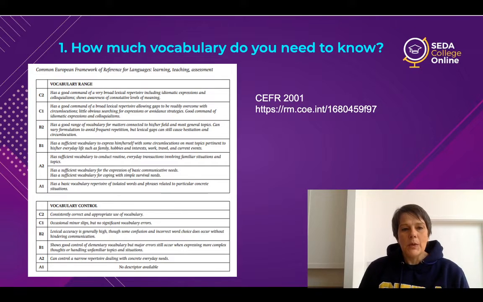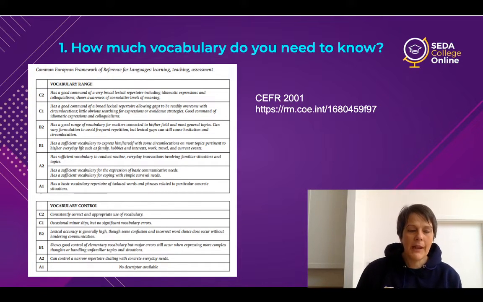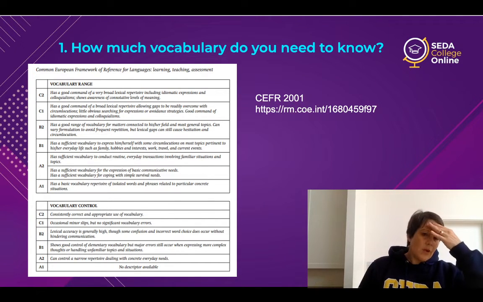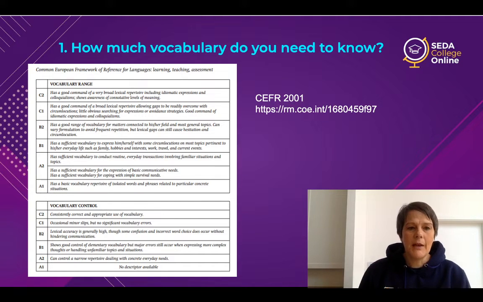Then A2 is when you start to have enough vocabulary to communicate your basic needs and manage your own survival. So you can shop, and you can count, and you can ask questions about what you need. You can engage in some small way.